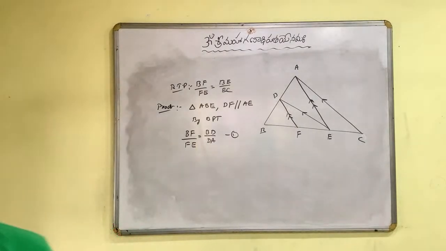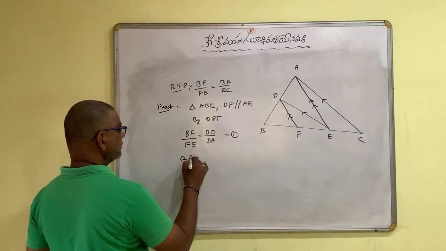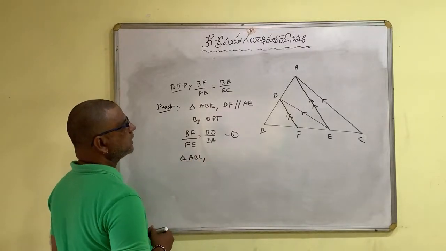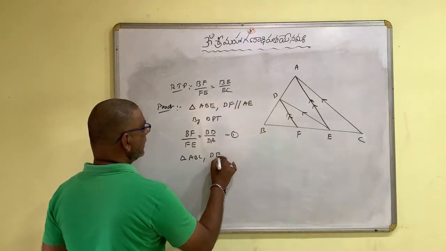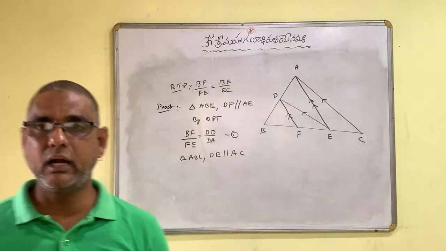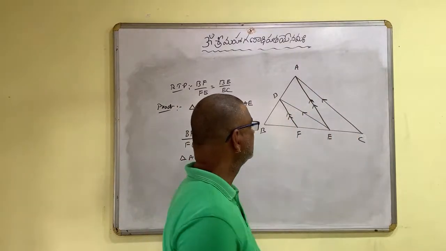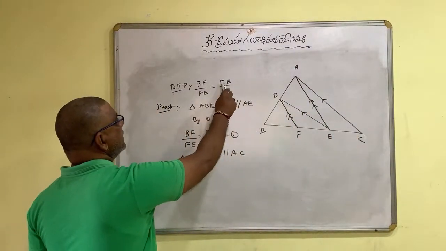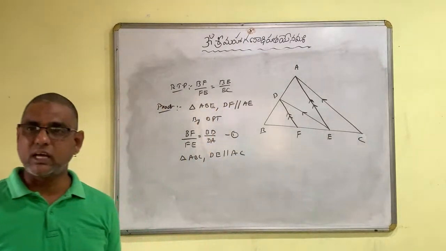Okay, na? Now, consider triangle ABC. DE parallel to AC. Now see the other part of the answer, BE by EC. This one is also asking parts only.